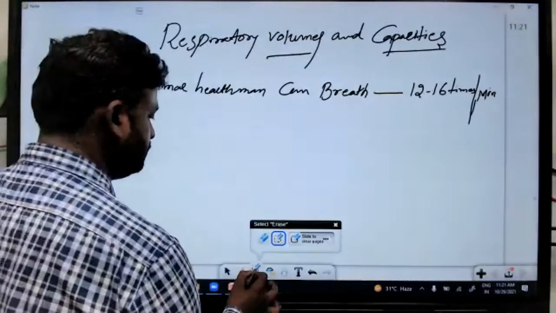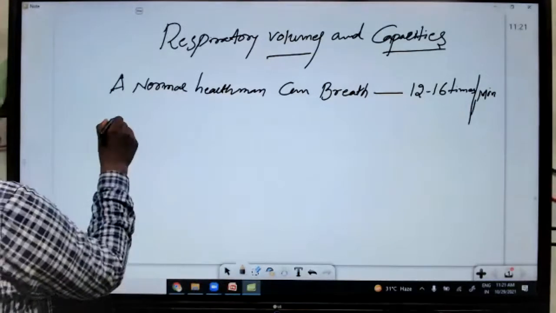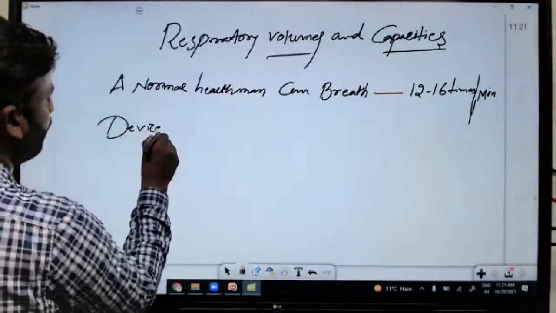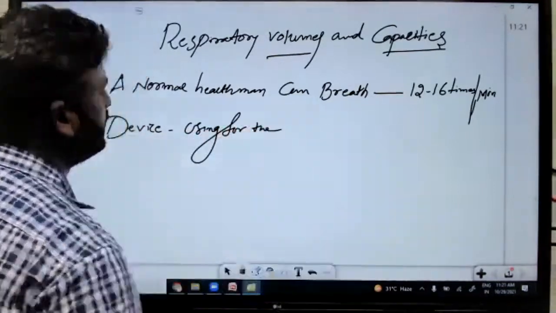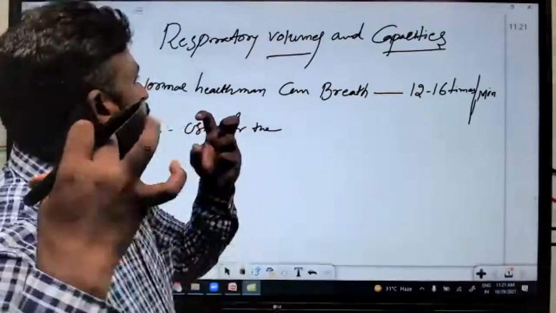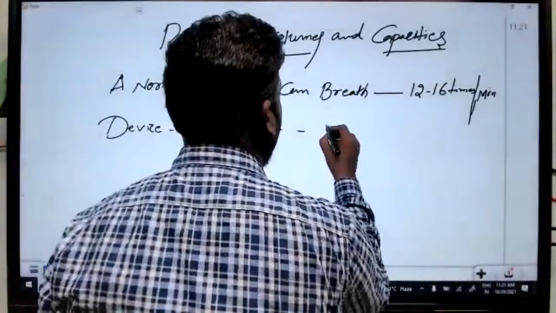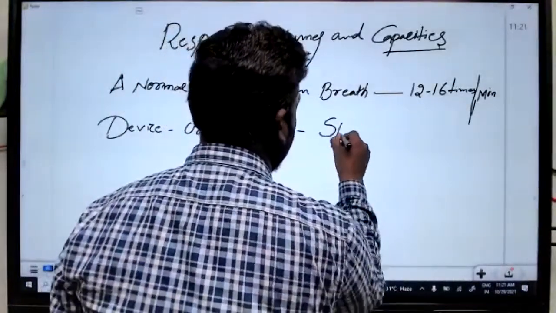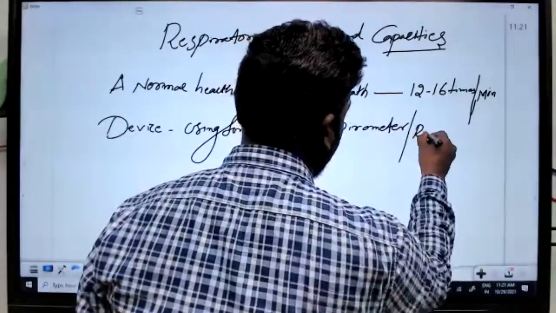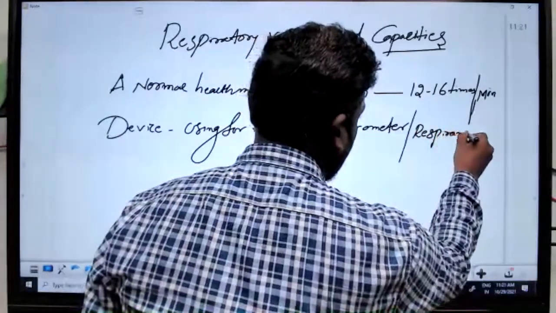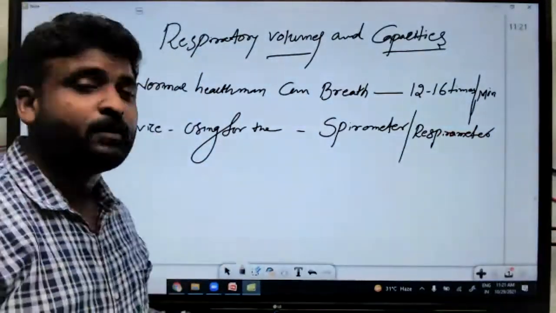The device which is used to find out respiratory volumes and capacities is the spirometer, also called a respirometer.